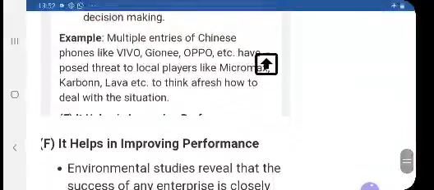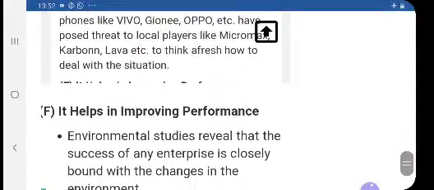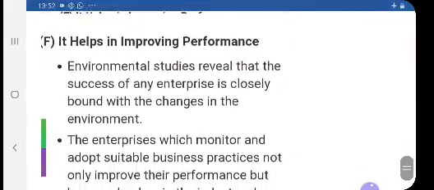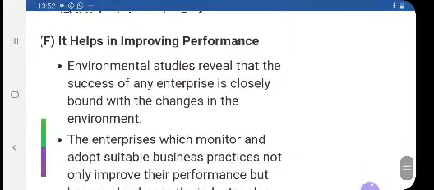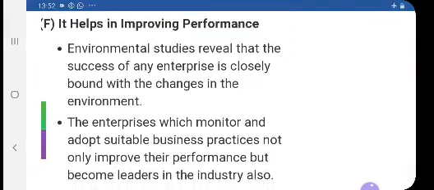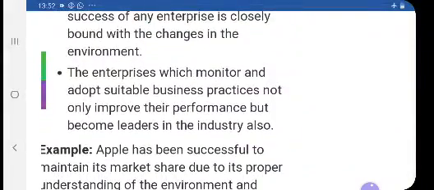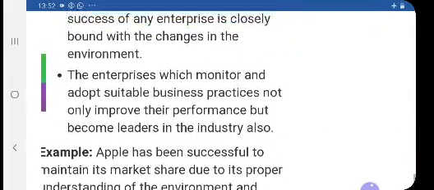And next is, it helps in improving the performance. That is, environmental studies reveal that the success of any enterprise is closely bound with the changes in the environment. The enterprises which monitor and adopt suitable business practices not only improve their performance but also become leaders in the industry.